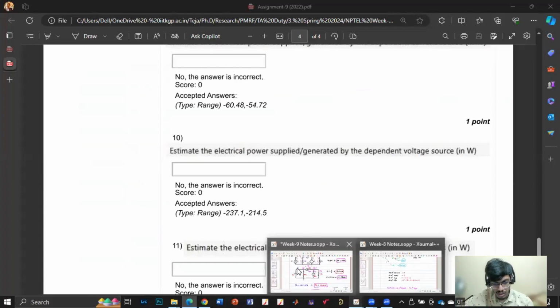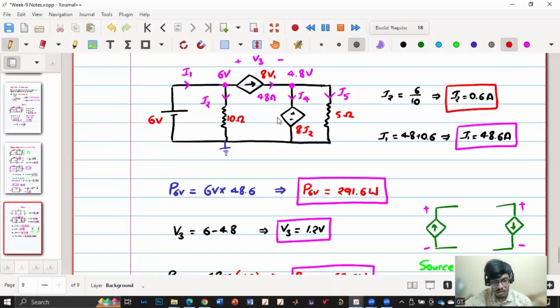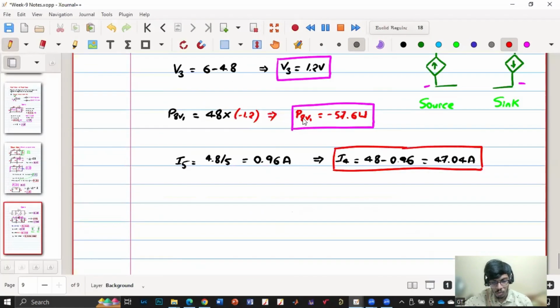Power is voltage into current, right? Voltage is 4.8. So power consumed by 8I2 is equal to 4.8 into minus 47.04.